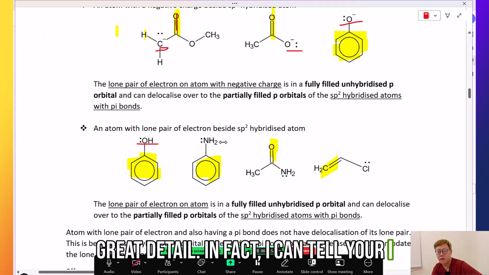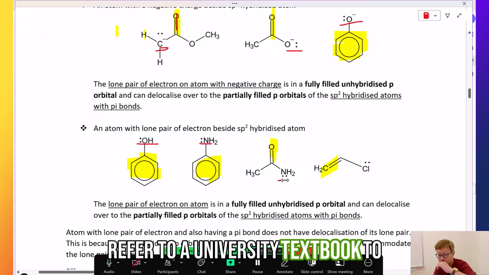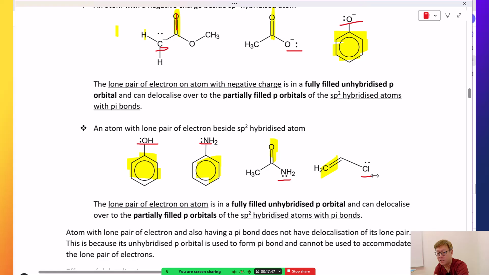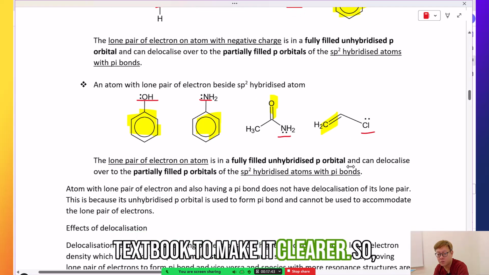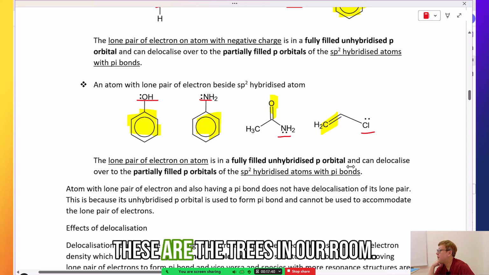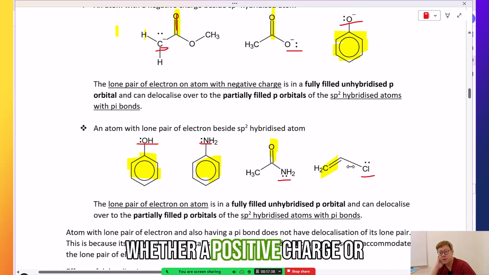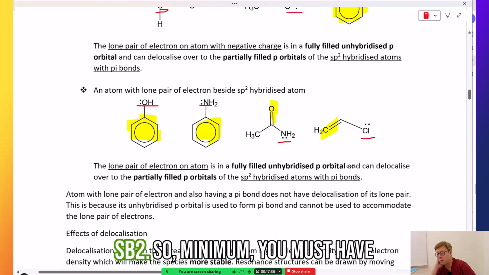In fact, I can tell you, I referred to a university textbook to write this, to make it clearer. So these are the 3 scenarios: a positive charge, a negative charge, or a lone pair beside sp2.